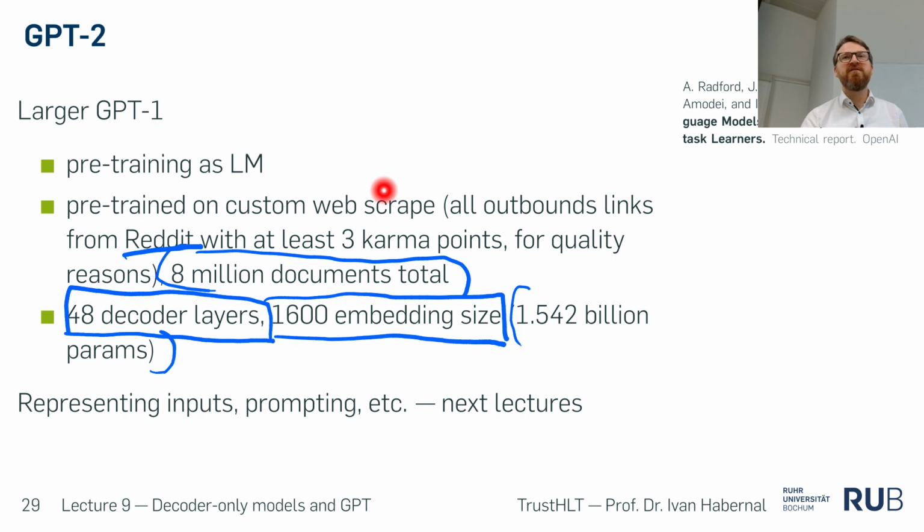It links to something which is actually worth reading or watching, so it's not completely spam. They filtered the links in Reddit with at least 3 karma points. So it was like, I want a text that somebody read and found useful, and it's not completely bullshit. I'm sorry for these words. For quality reasons, exactly. So filtering, and they got 8 million documents.